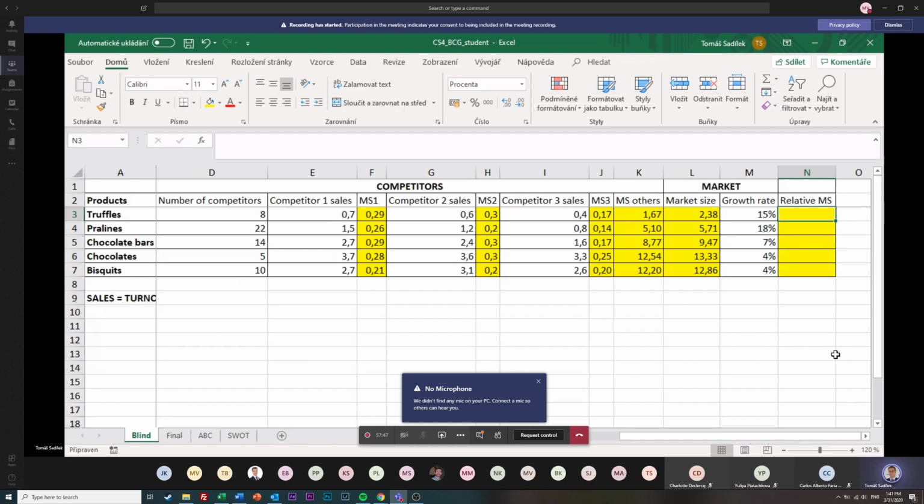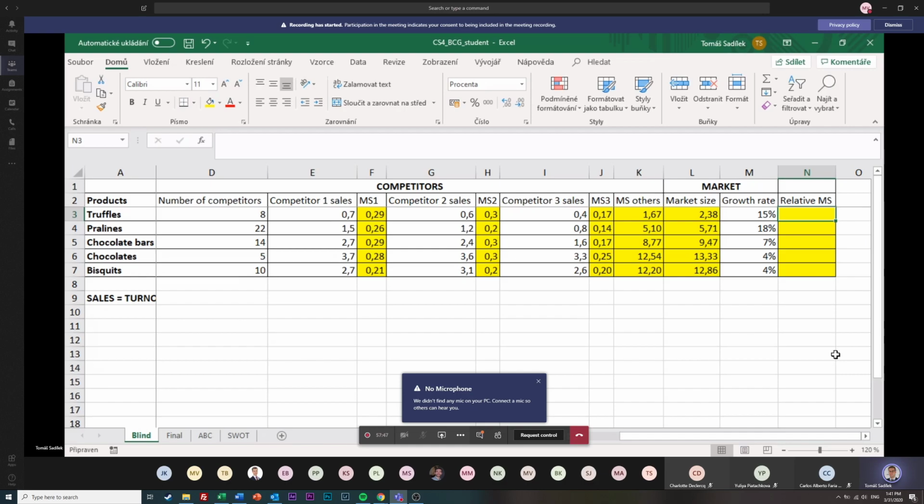It seems to be correct. Maybe I can put there more. Okay, never mind. Thank you. It should be correct now. Okay. And finish the relative market share.